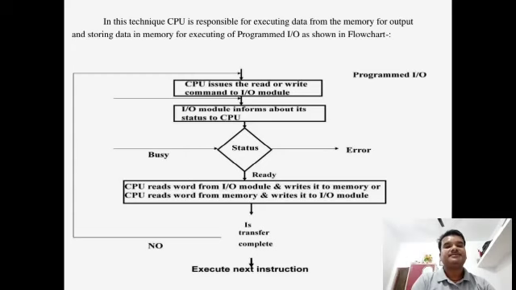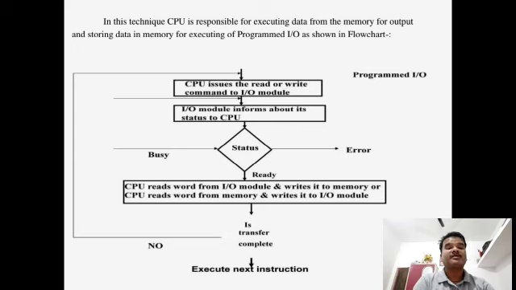In this technique, the CPU is responsible for extracting data from memory for output and storing data in memory for input, as shown in the flow chart. Please see the flow chart. The CPU issues a read or write command to the input output module.